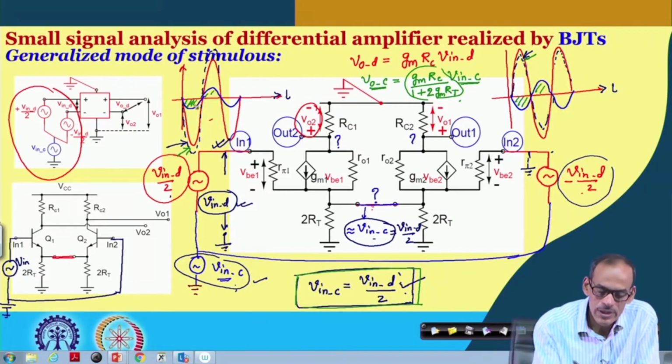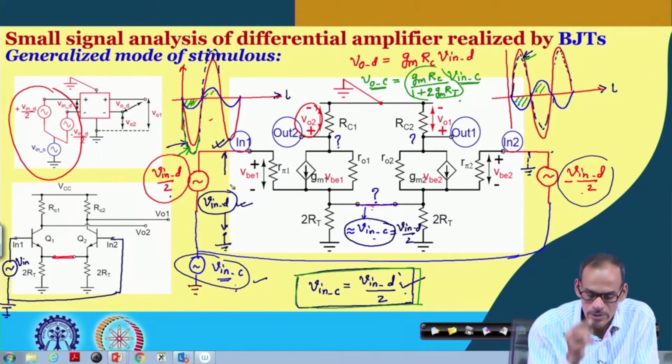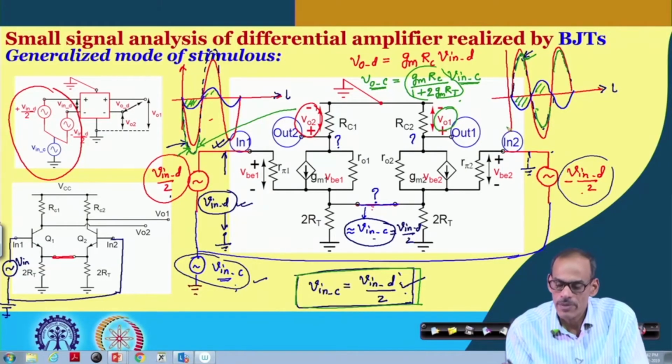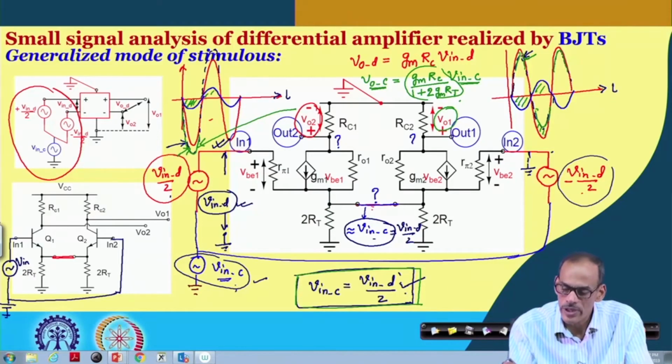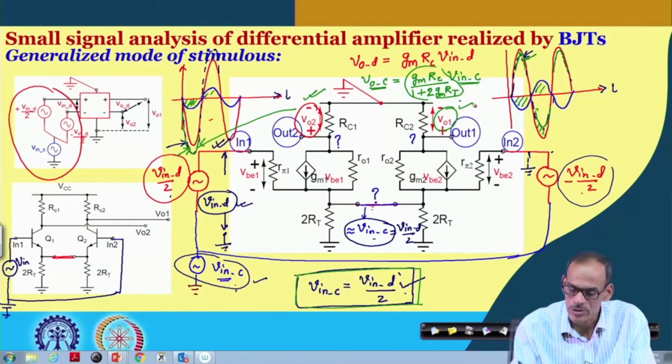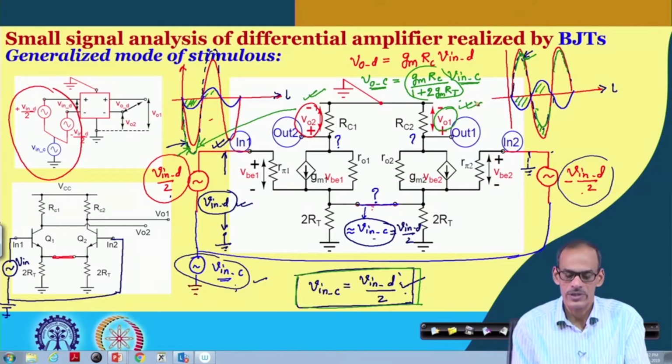Then since this signal is small, even in this case the net voltage, which is VO1 and VO2, since this part is very small, we can approximate that this output and this output are almost like a differential.